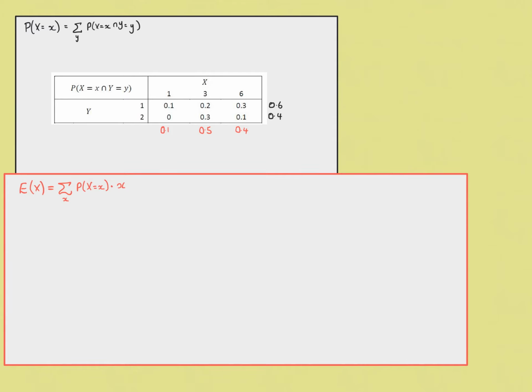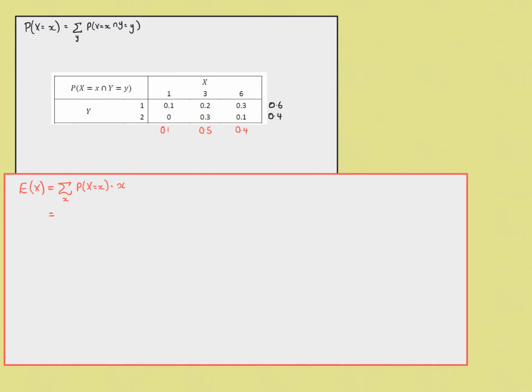So in order to calculate the expected value of x, we're going to take the probability that x is equal to 1, which is 0.1, multiply it by 1, add that to the product of the probability that x is equal to 3, multiplied by 3, and add that to the probability that x is equal to 6, multiplied by 6.